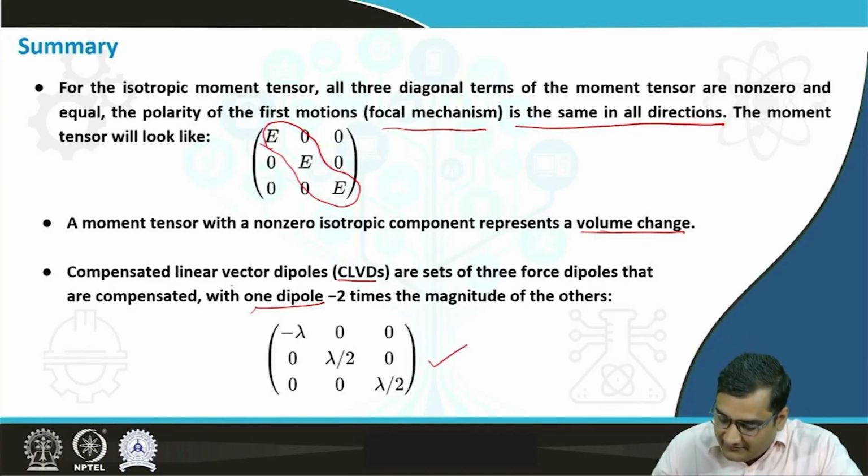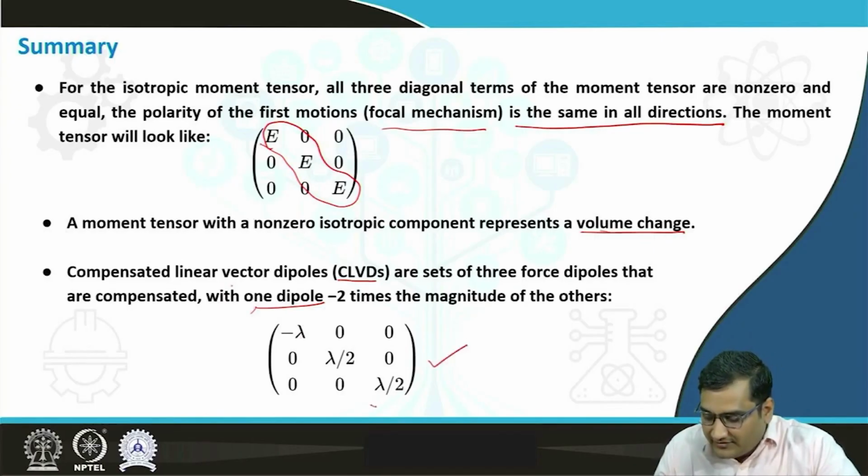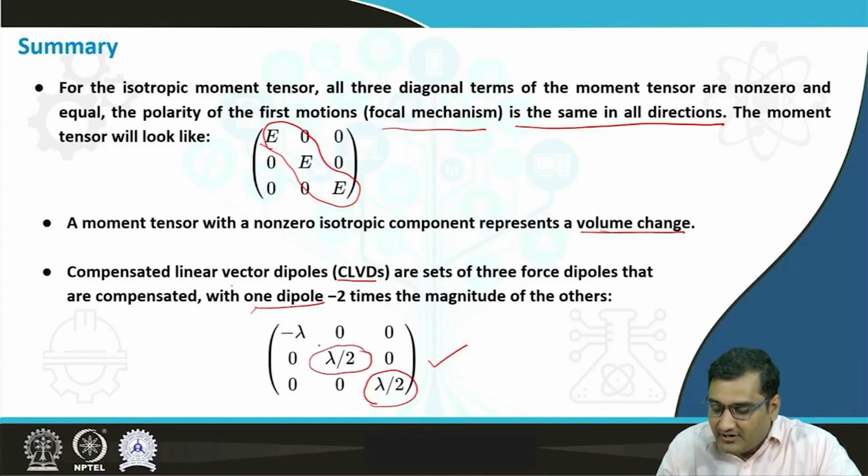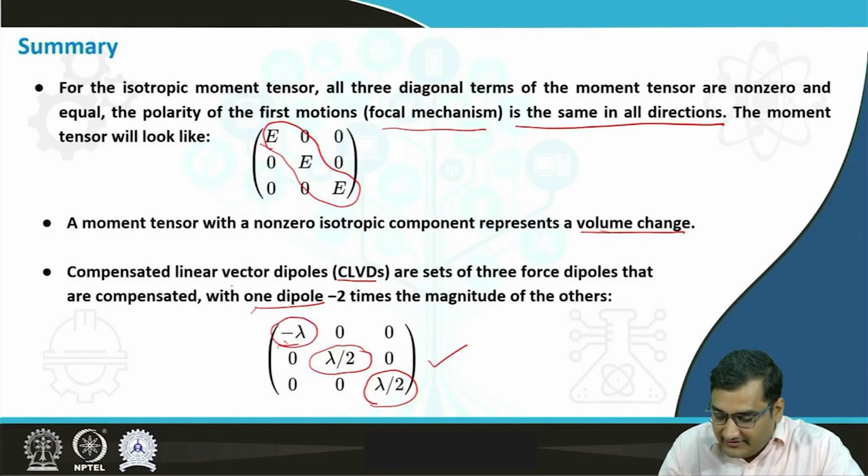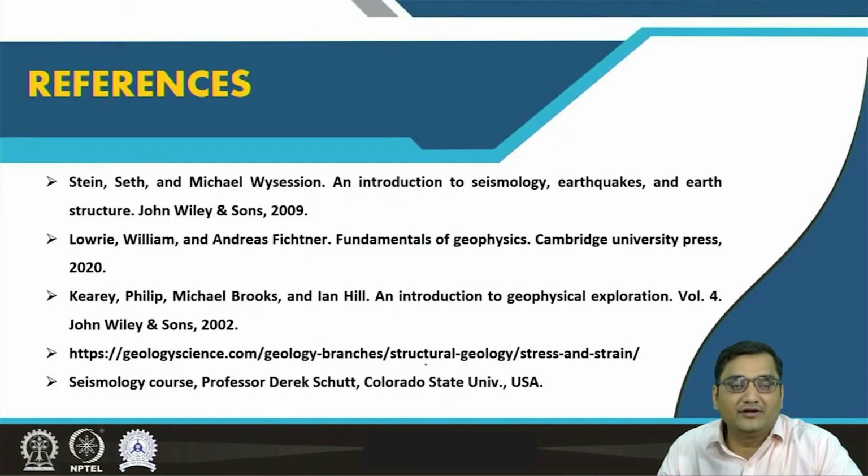For example, in this one, the forces acting in the x3 and x2 directions have almost negative half the value of the third direction force. You can see this is minus lambda, that is almost negative 2 times the other two, and this is known as CLVD.